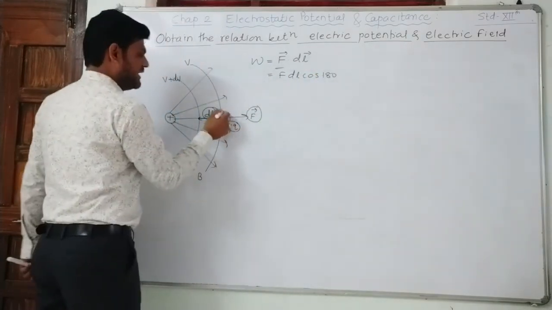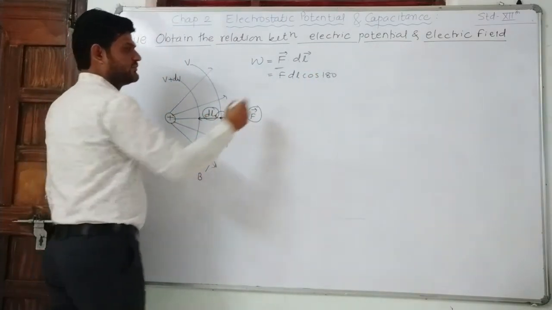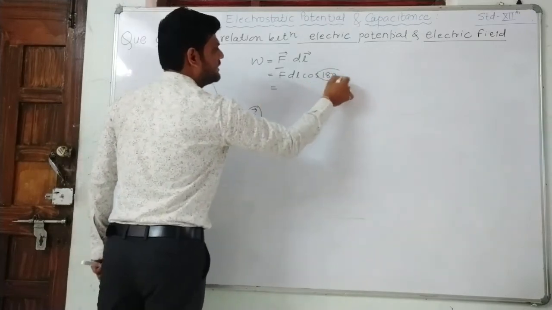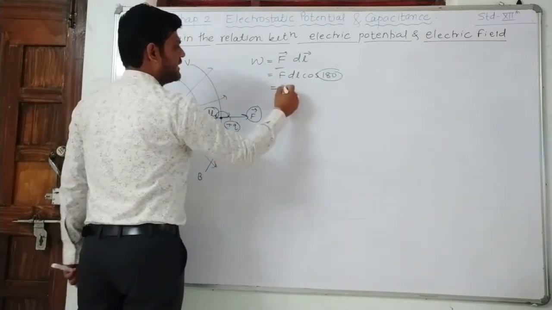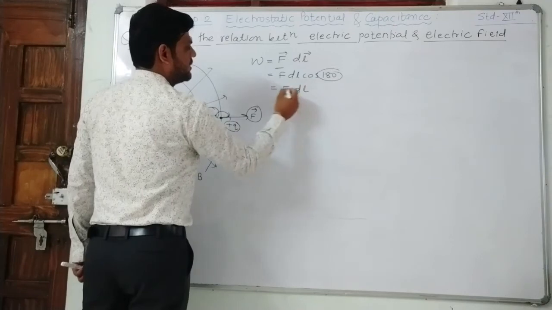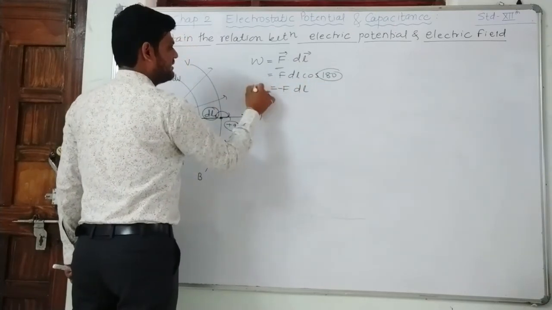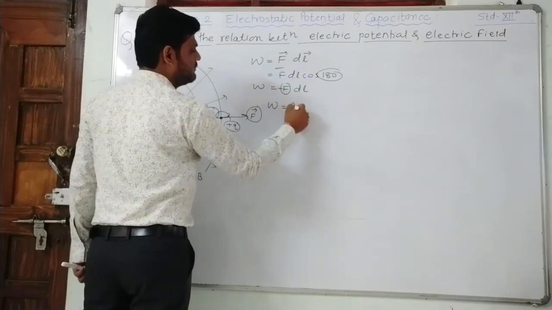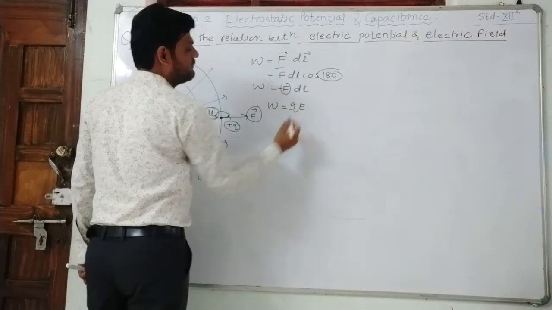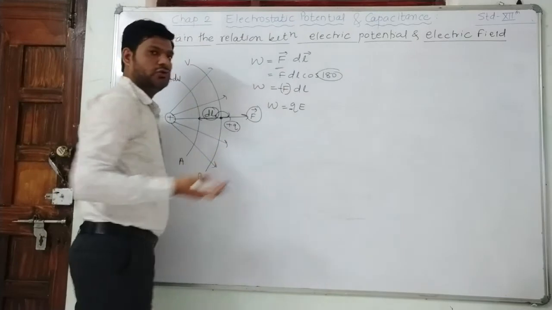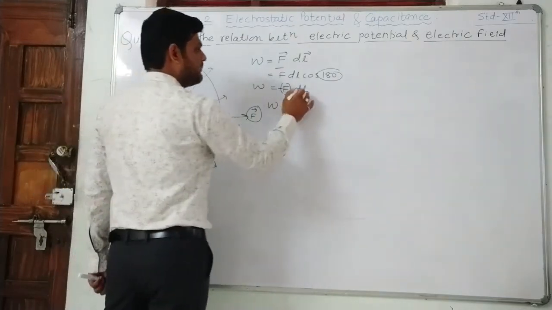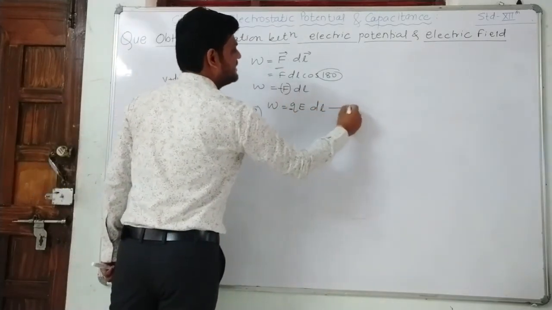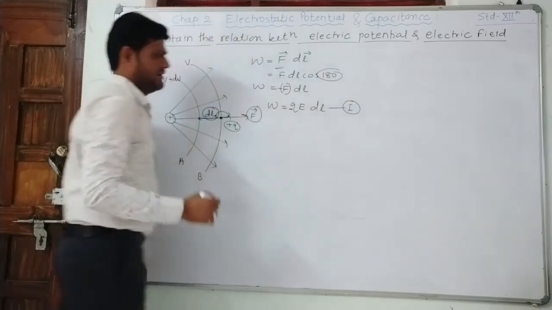As we know cos 180 equals minus 1, so W equals minus F into dl. F equals Q into E, so W equals minus Q E dl. This is equation number 1.